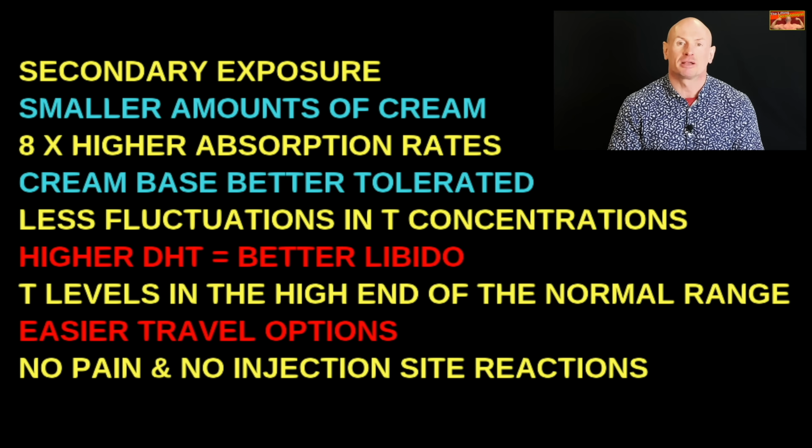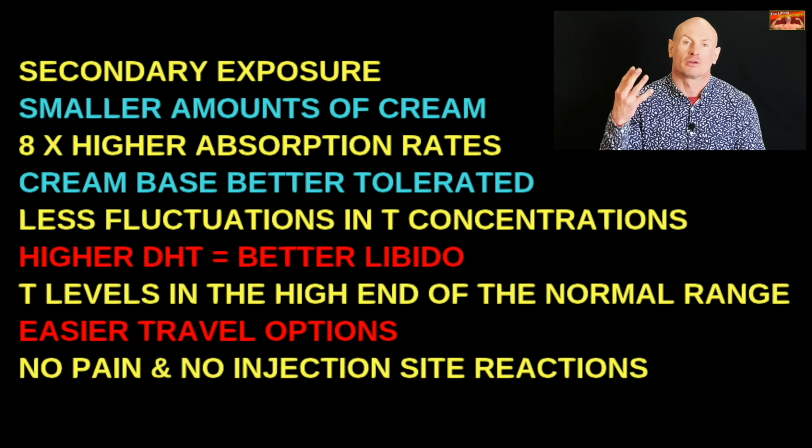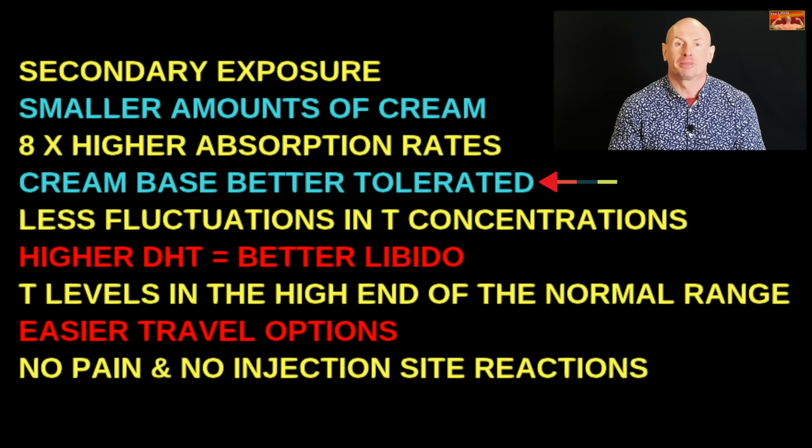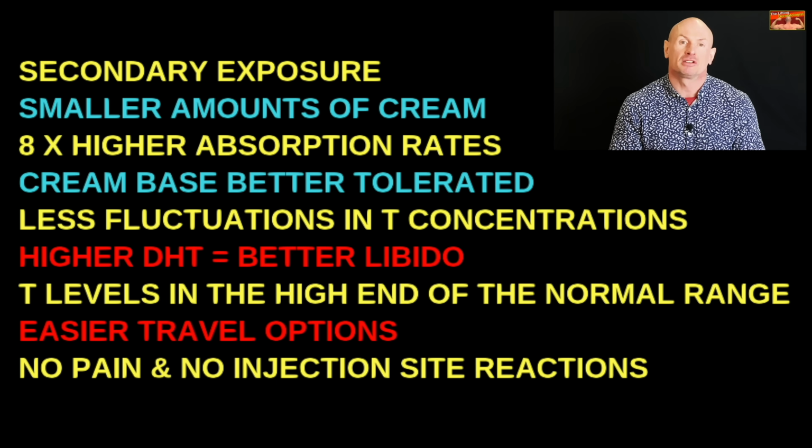Pharmacokinetic studies on the absorption of testosterone cream on the scrotal skin show 8 times higher absorption rates than on the shoulders. 4. The cream base is much better tolerated than the hydroalcoholic topical gels, regarding skin irritation and discomfort. 5. Twice a day application ensures less fluctuations in the testosterone concentrations in the blood.